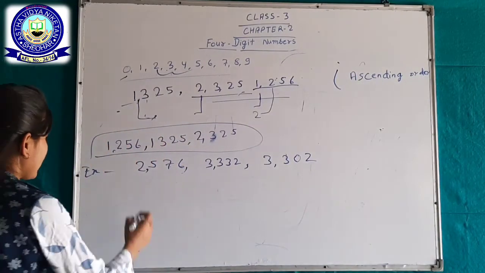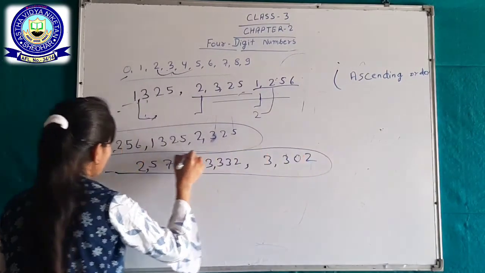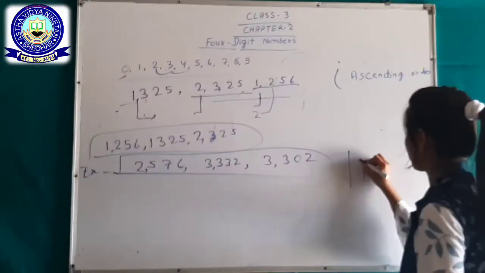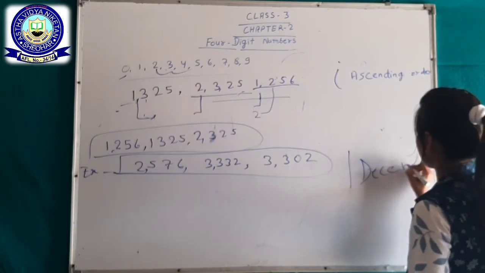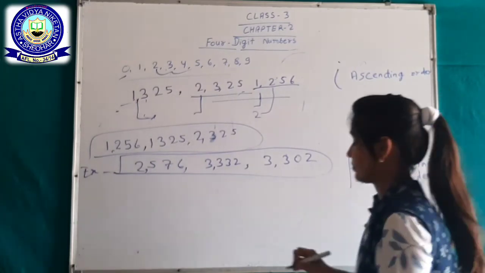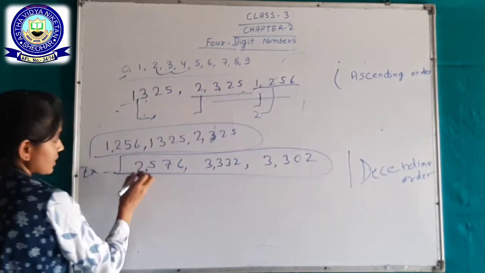You have to compare in this series which number is greatest. In descending order, we have to write the greatest number of this series.